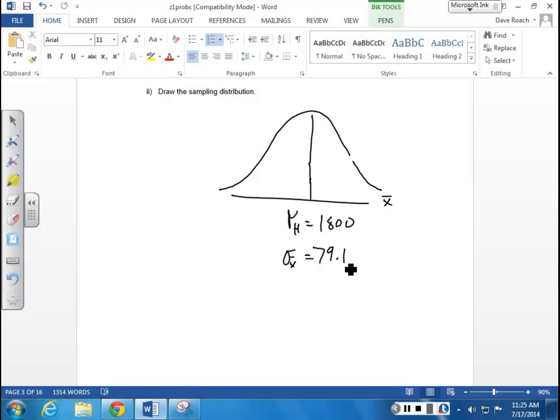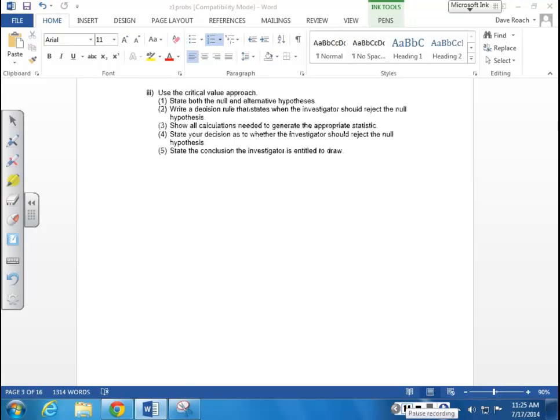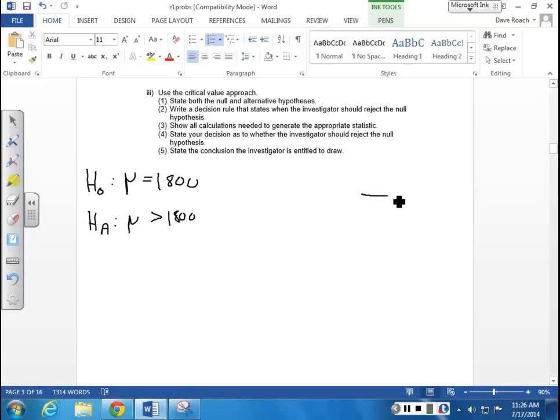Okay, so we're going to use the critical value approach. State both the null and alternative hypotheses, which we already did. H0 is that the population mean is equal to 1,800, and HR, or HA, I'll call it here, mu greater than 1,800. Again, just kind of redrawing this a little bit here.